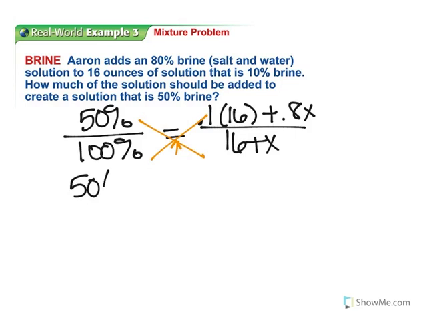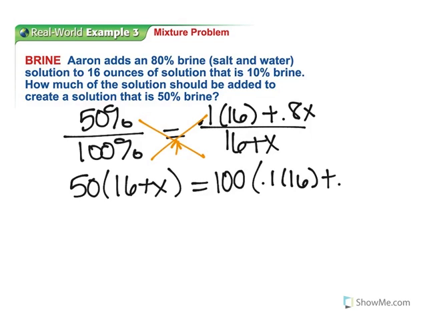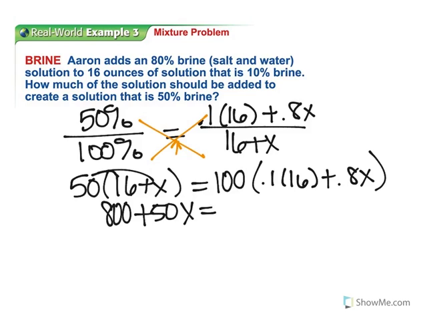So we get 50 times 16 plus x. It's going to be equal to 100 times 0.1 times 16 plus 0.8x. Alright, so now we're going to distribute. We get 50 times 16 and 50 times x to get 800 plus 50x is equal to, let's see, we have 100 times 1.6 plus 0.8x.